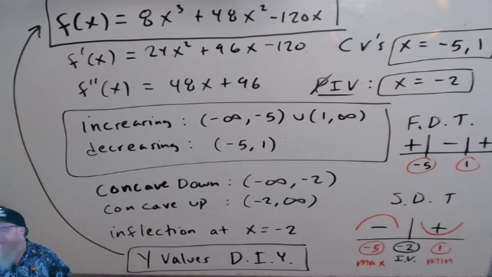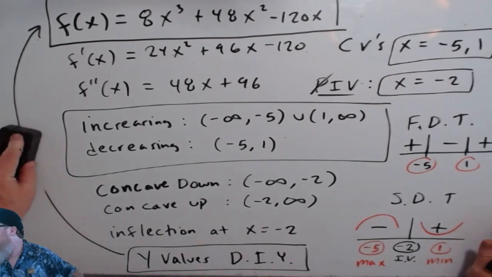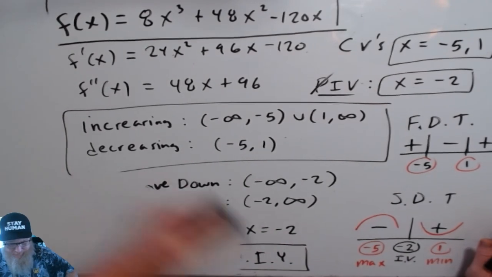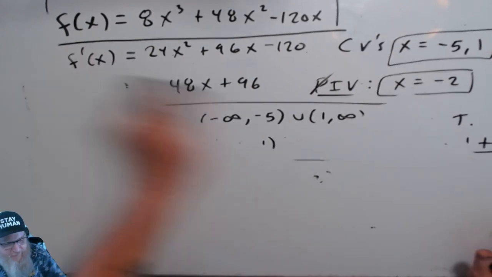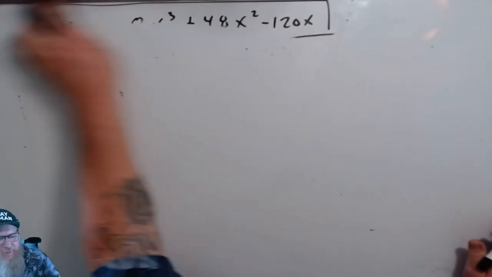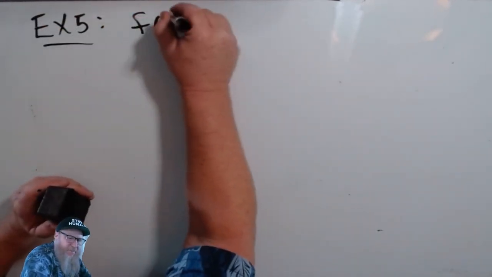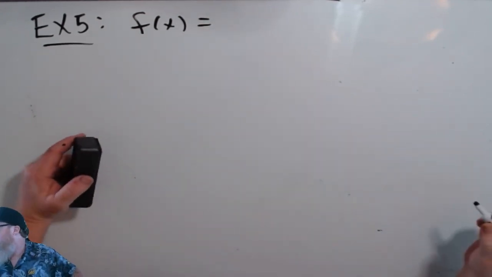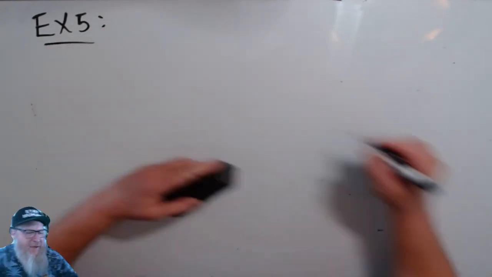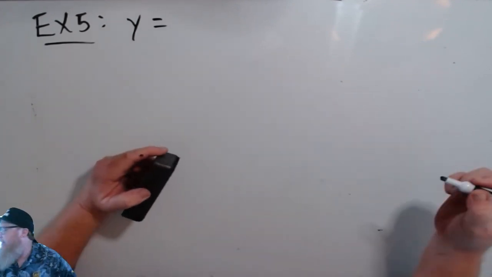Okay, let's take some more second derivatives. Without testing them, let's just practice a couple more second derivatives. So example 5. Oh, this one's not f, it's y, but it doesn't matter. It's the same thing.